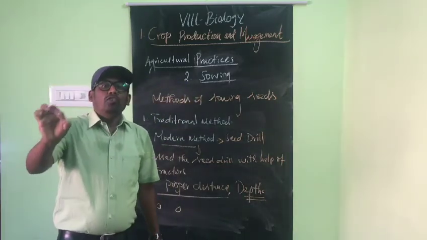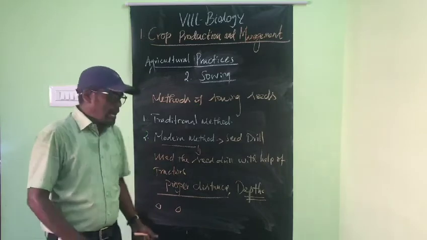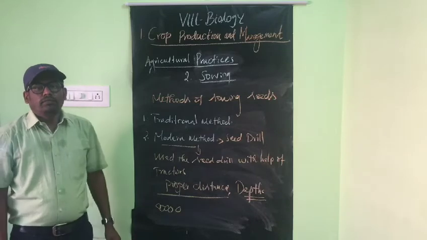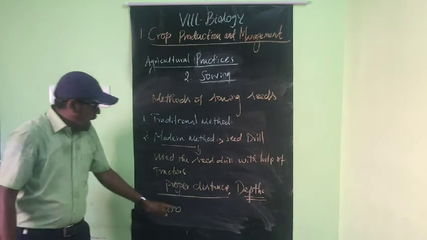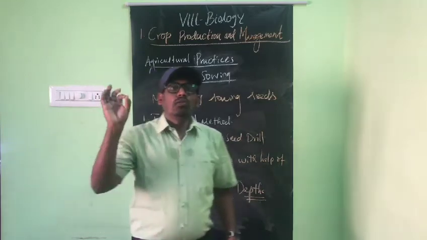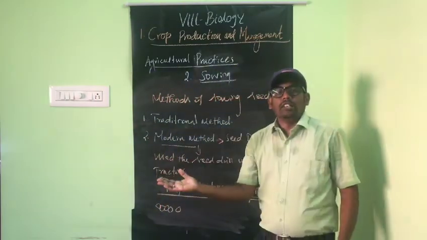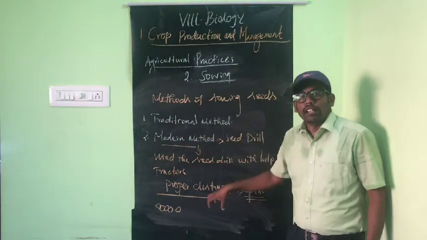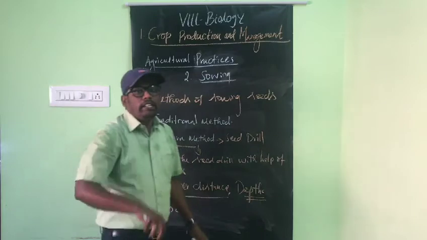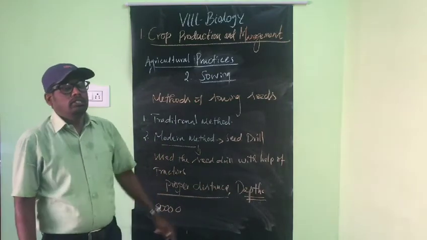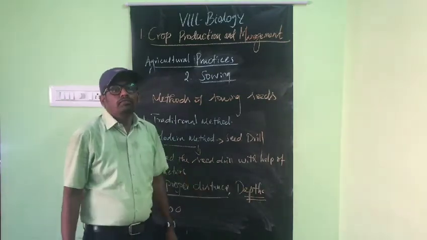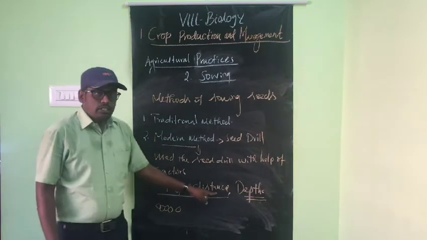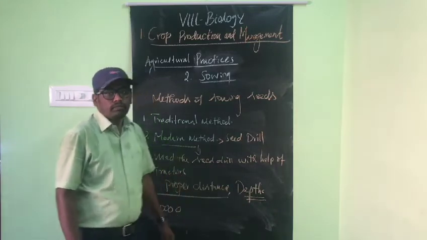If there is no proper distance, what will happen? Too many crops grow in the same place. And if there is no proper depth, what will happen? The seeds are visible, so the birds will damage them or take them, and there is no growth of plants. Again, the seeds should be sown at the proper distance and depth.